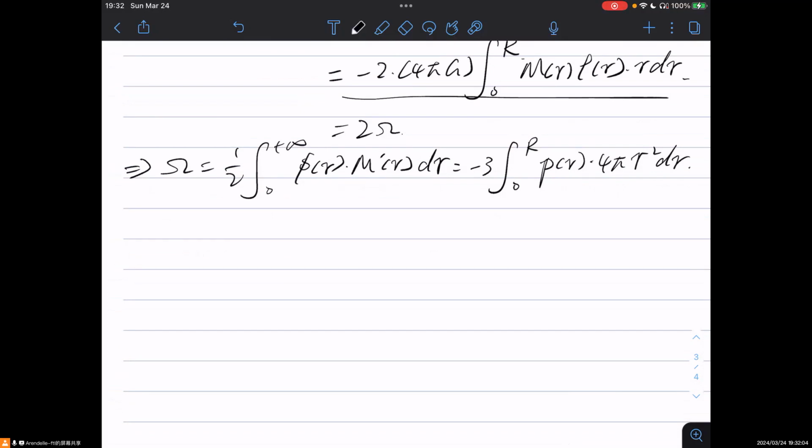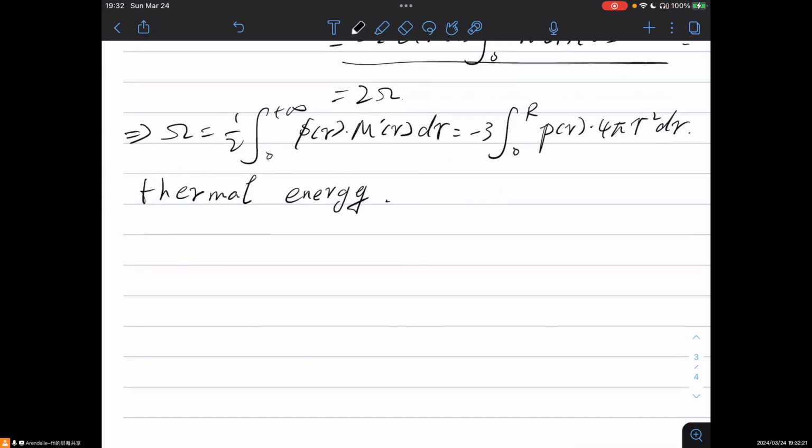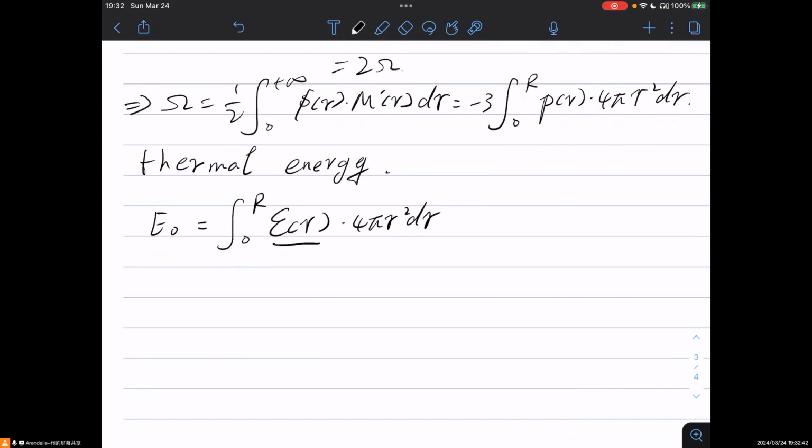Besides the gravitational potential energy, a star also has thermal energy. Suppose the total thermal energy of the star is E0. We can express it as the integral from 0 to capital R of epsilon(r) times 4 pi r squared dr, and this epsilon(r) is just the density of internal thermal energy of the star.